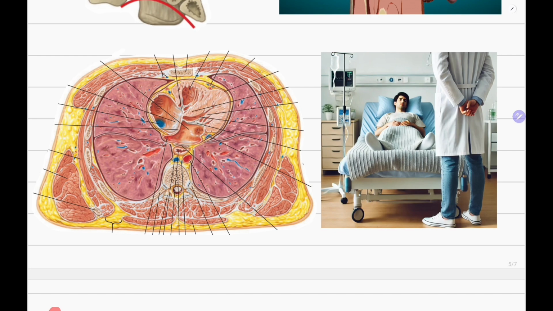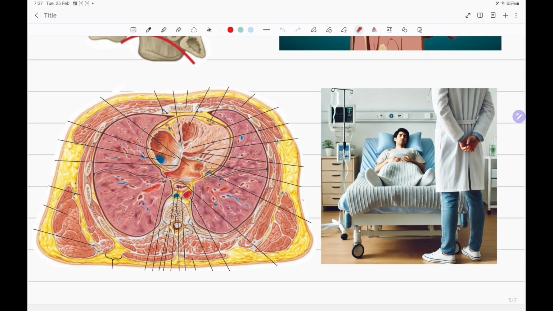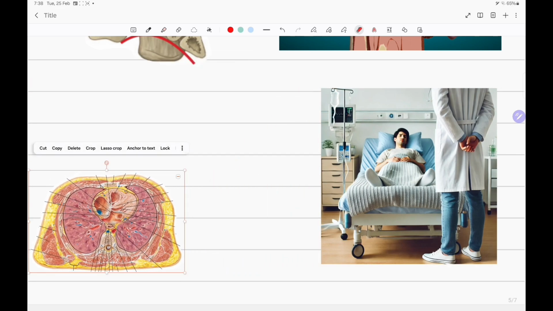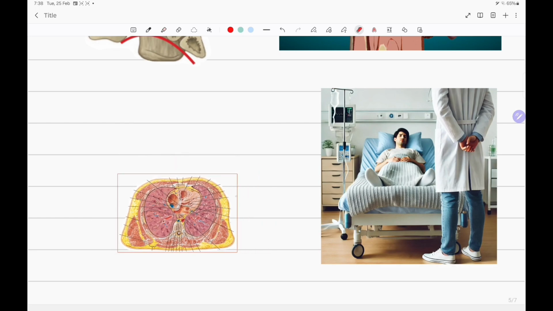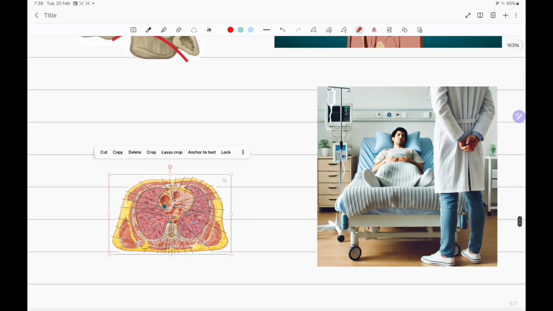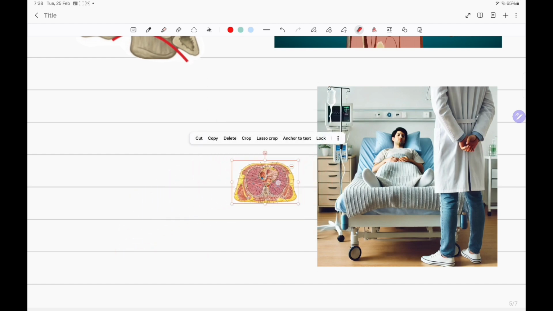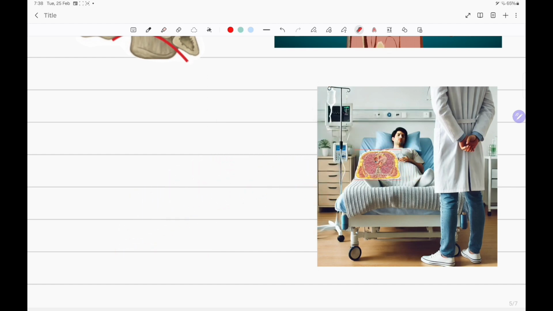So if you are able to understand this, well and good, but if you are not, I have a better trick for you. Suppose this is the superior half of the body, and right here is the person lying on the bed, and you are the doctor standing at the leg side of the person, and assume that the inferior half of the body of this person has been removed.